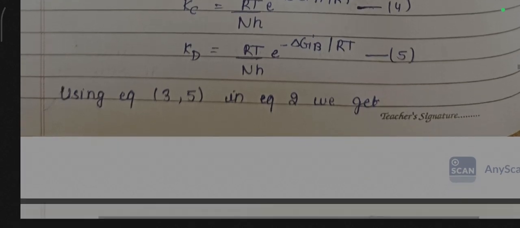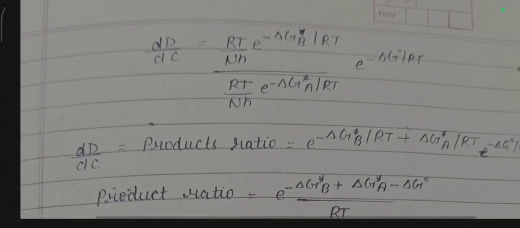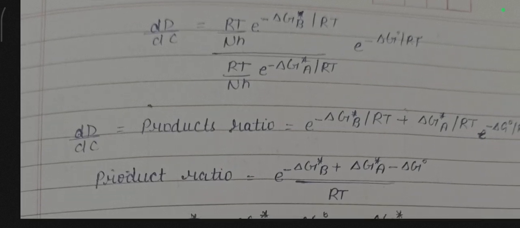This is equation 5. Using equation 3 and 5 in equation 2, we will get dD by dC is equal to RT by Nh e to the power minus delta G B star upon RT by Nh e to the power minus delta G star A upon RT into e to the power minus delta G naught by RT.